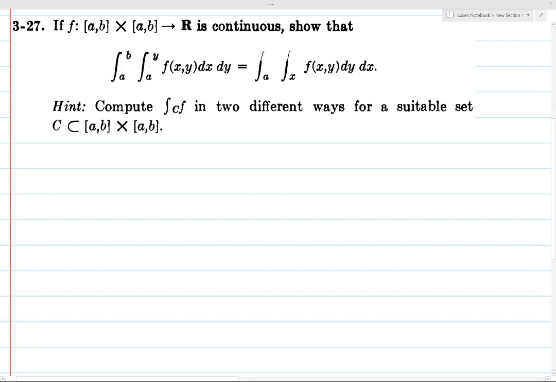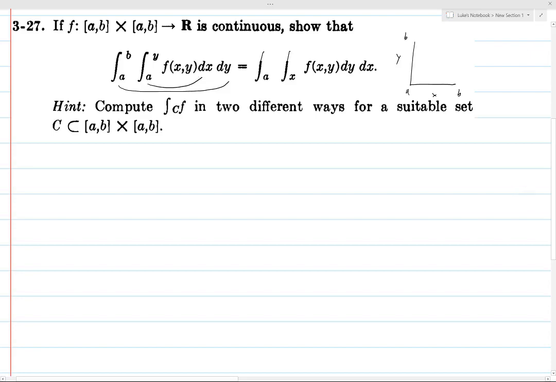So what should this integral on the left be equal to? Well, with me being more visual, I like to draw this out. This is a, this is b, and we've got our x values and our y values, because we're integrating from a to b. On the left-hand side, y ranges from a to b, and for each y value, we integrate f from x equals a to y.